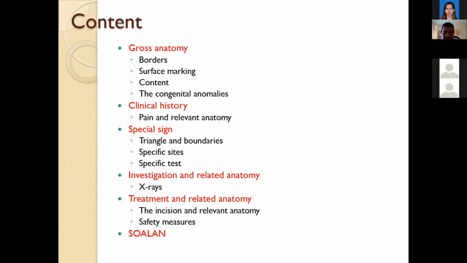So this is my content: gross anatomy, basic clinical history taking, special signs on the abdomen, related investigation and related treatment, and safe measures during your surgery or procedure based on anatomy.